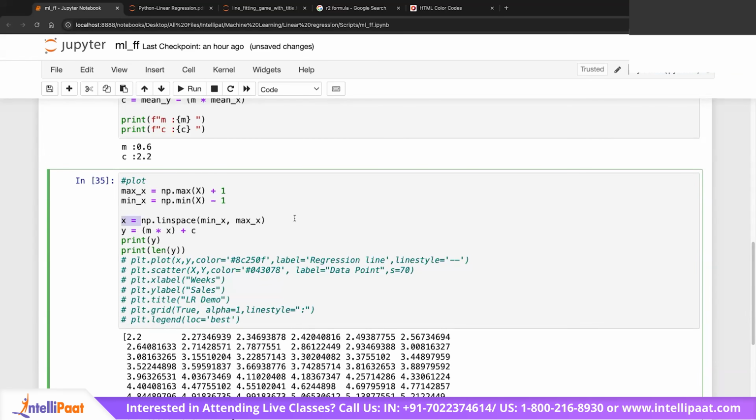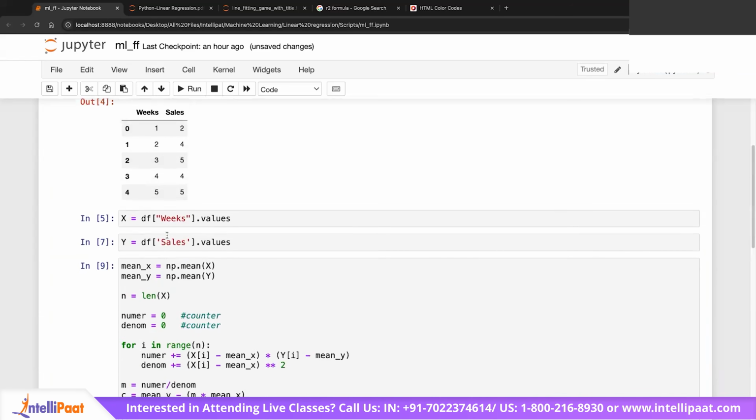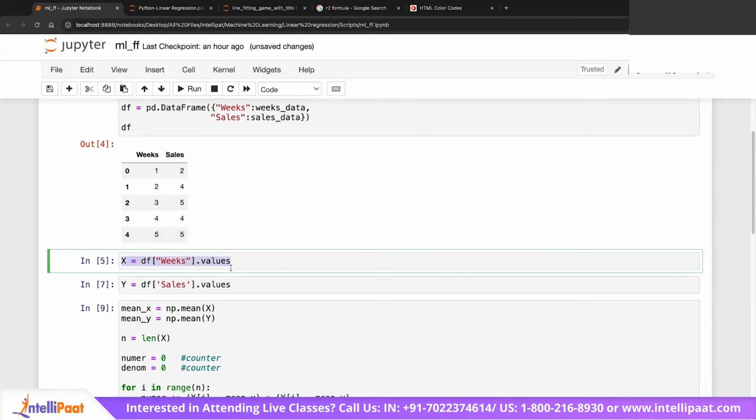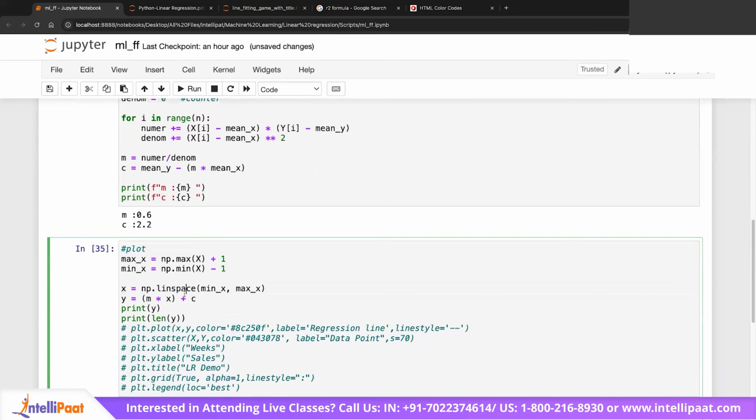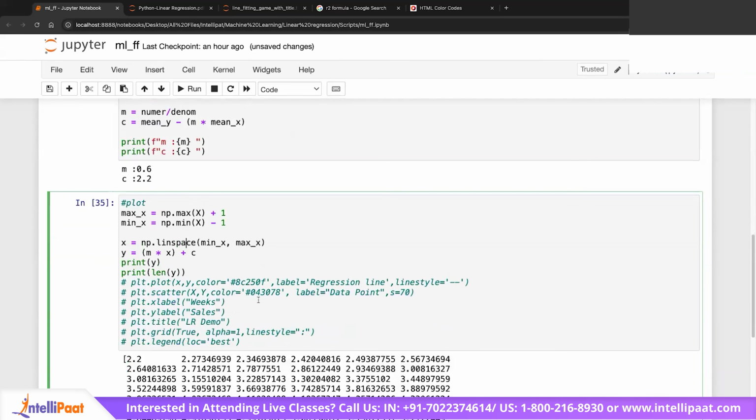Is this y is equal to m times capital X, which is the actual data point, plus c, or did I have to take linspace because I had to plot the value for the line also? I had to print the value for each individual point on the line, correct? So have I not taken x is equal to np.linspace, which divides the whole data into 50 different points? That's how I got a straight line.